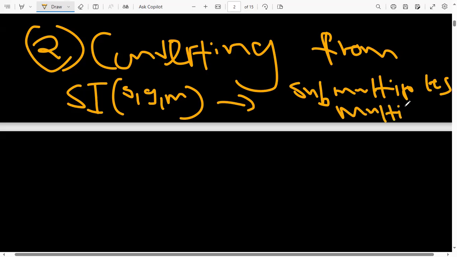So what's the rule there? When you're converting from the SI units to sub-multiples or multiples, the rule is to divide by the prefix. Divide by the prefix.